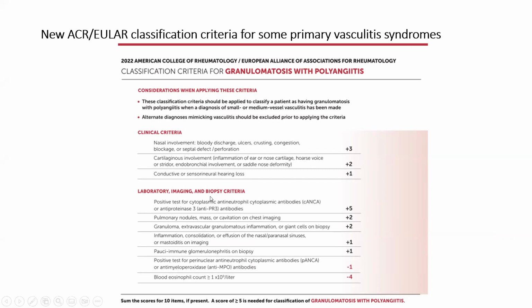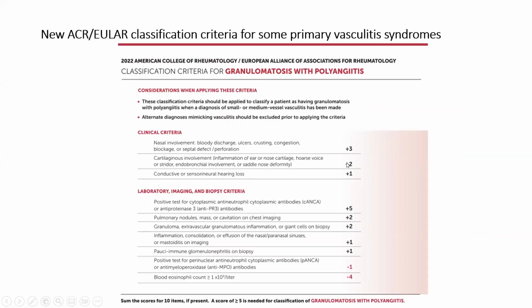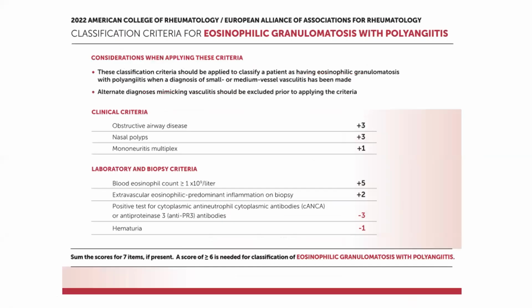If you look at the laboratory, imaging and biopsy criteria, presence of a C-ANCA, and then your lung involvement, your kidney involvement, and your biopsy results also give you positive points. You don't expect to have P-ANCA positivity or eosinophilia in GPA. So the presence of that gives you negative points, and then you sum up all the weighted points.